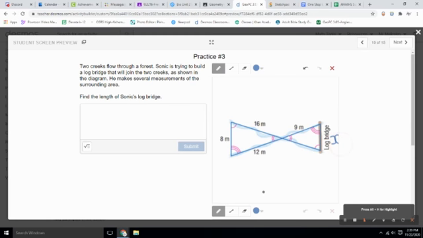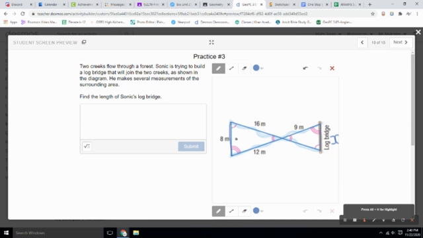Okay, so we need a side that is similar to this, which in my estimation, from looking at this, I can see that the side that is similar to it would be this one. How I can tell is this side has the same markings as this one, which means that these two angles are congruent to these two angles.